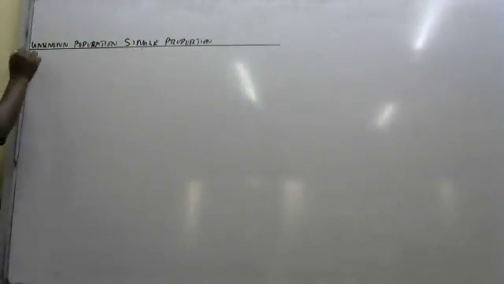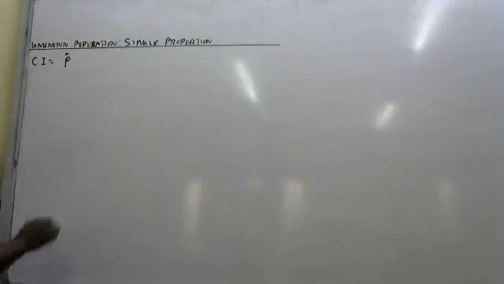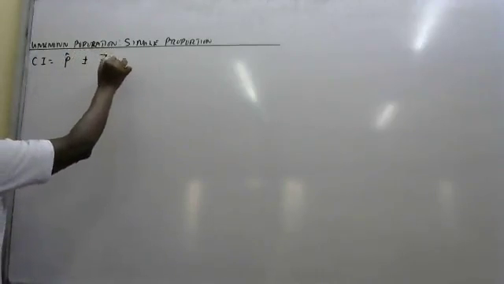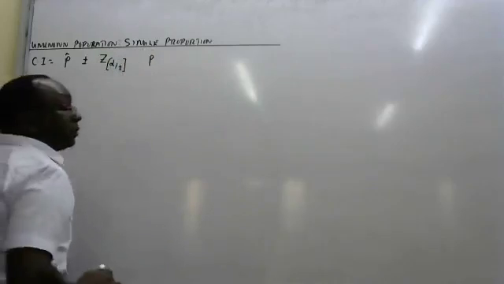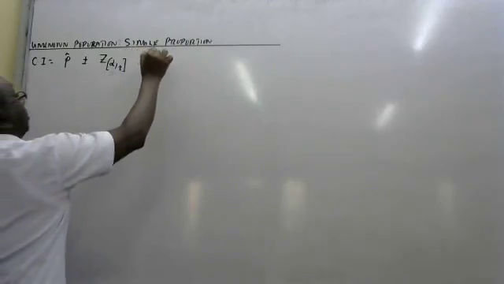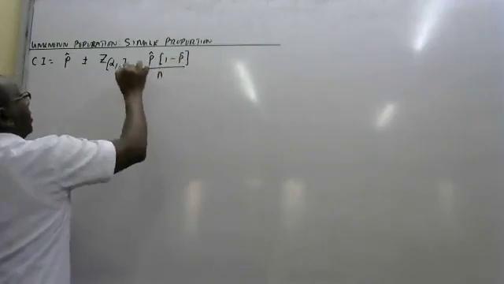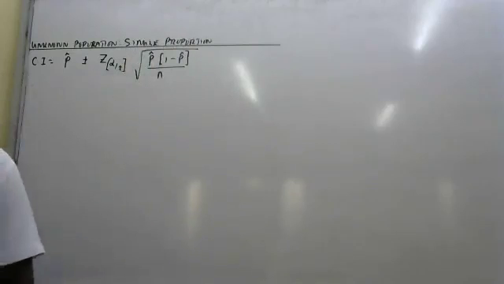So the formula for the confidence interval is given as sample proportion plus or minus z alpha out of 2 multiplied by the square root of sample proportion times 1 minus sample proportion, divided by n. That's how you get the standard error for the sample proportion.